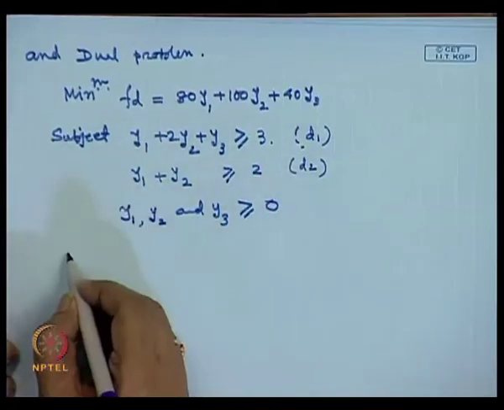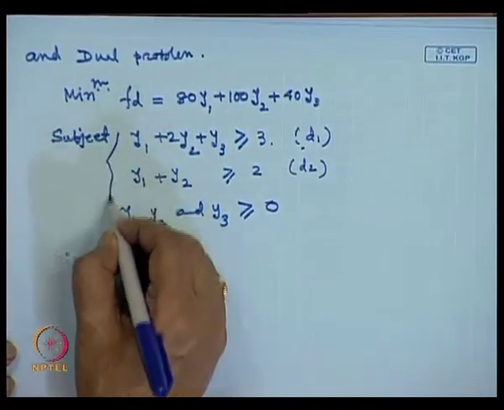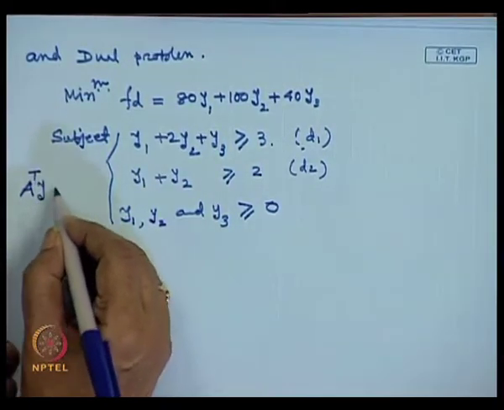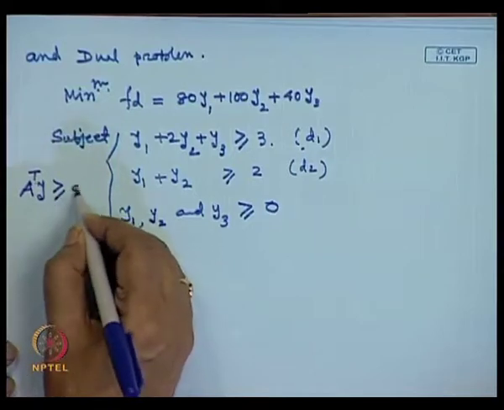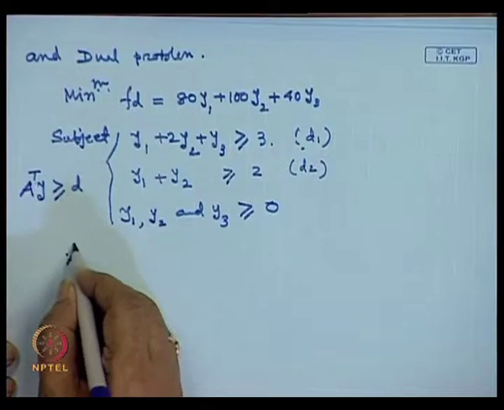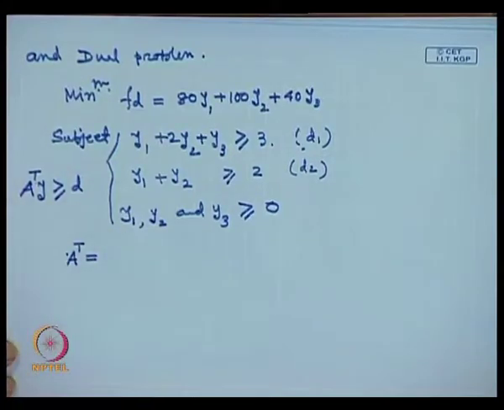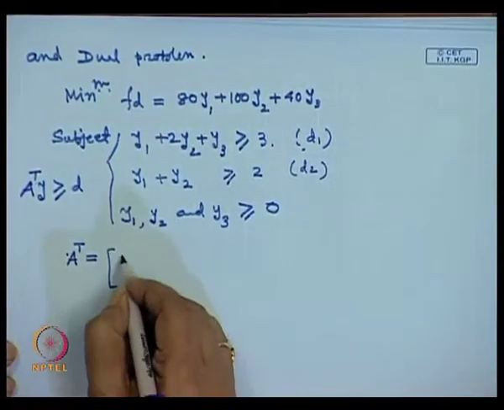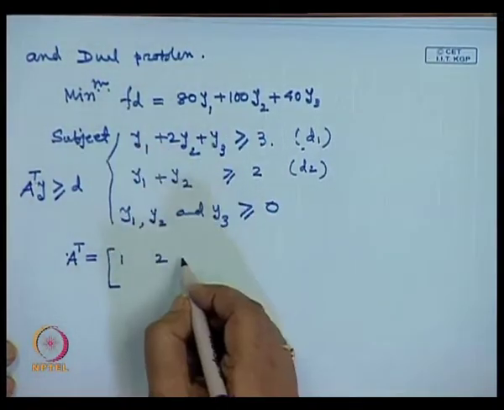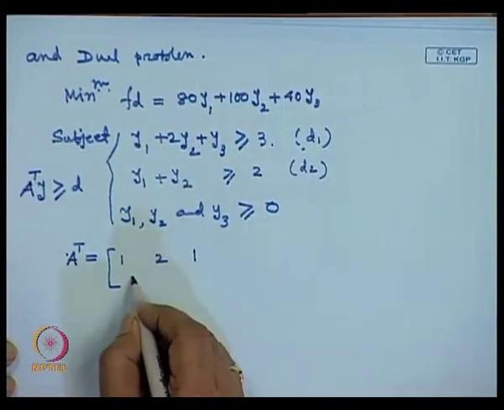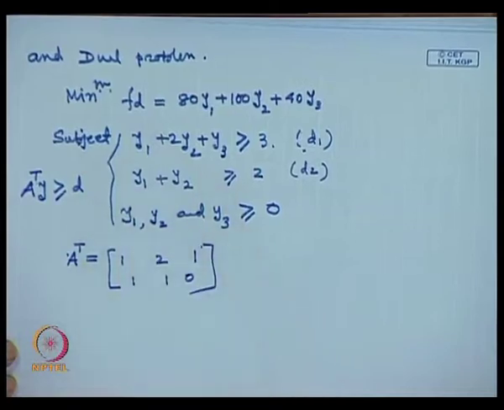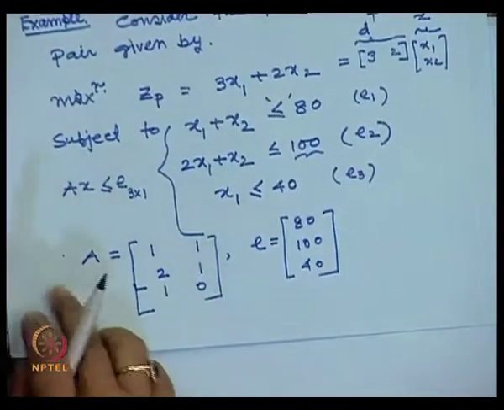And what is our A transpose? If you write it, this set of inequalities is nothing but A transpose y is greater than or equal to our D. And then you see our A transpose is nothing but whatever the A we got, that transposed. If you write this matrix, it is 2 1 1 1 0, and it is nothing but the A we got, transposed.